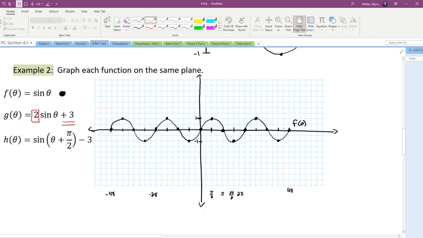If I look at 0, 0, the y value is still 0, and so scale it by 2, and you're 0. At pi over 2, this point right here, this is 1, so it's just going to get doubled to 2. This will be back at 0. This will get doubled down to negative 2. And so all we would end up doing is stretching this graph.